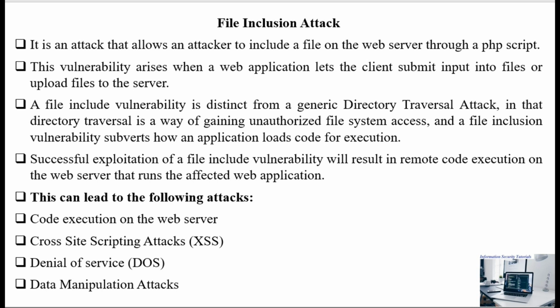If a file inclusion vulnerability is successfully exploited, it can lead to remote code execution on the web server running the affected application. This can lead to one of the following attacks: code execution on the web server, or executing malicious code on the server exploiting this vulnerability.